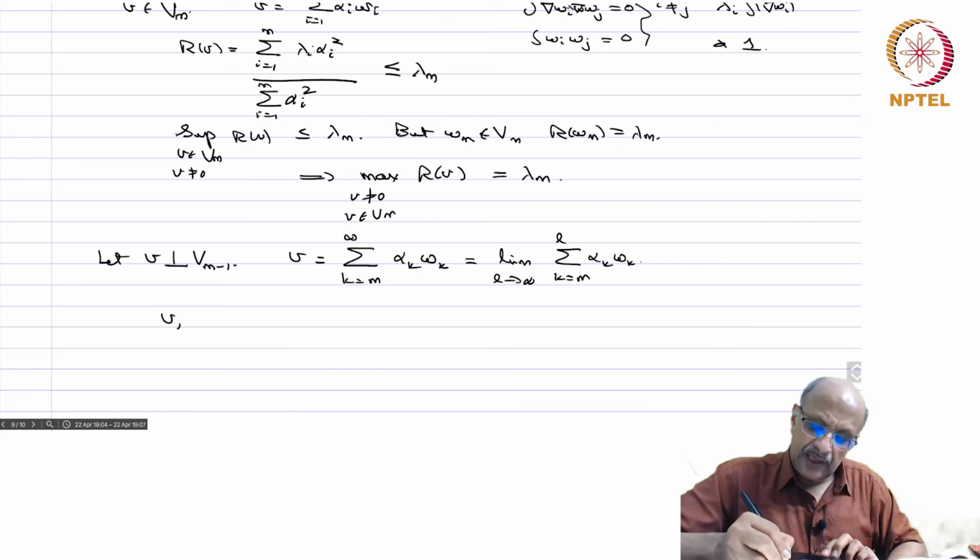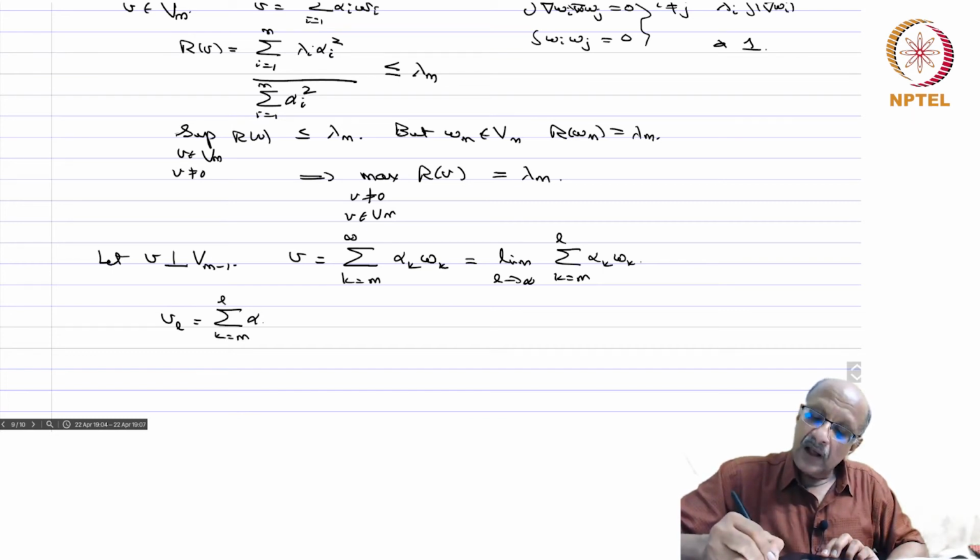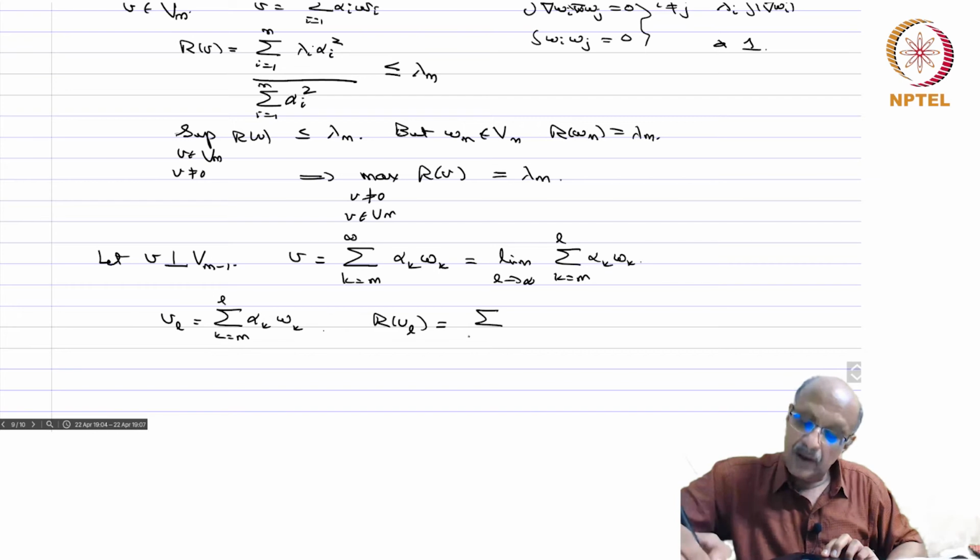So, if we set vL equal to sigma k equals m to L alpha k wk, then R of vL, as we saw already, is sigma k equals m to L lambda k alpha k square by sigma k equals m to L alpha k square.